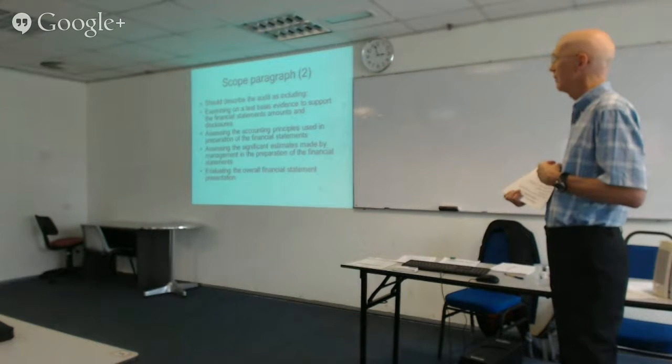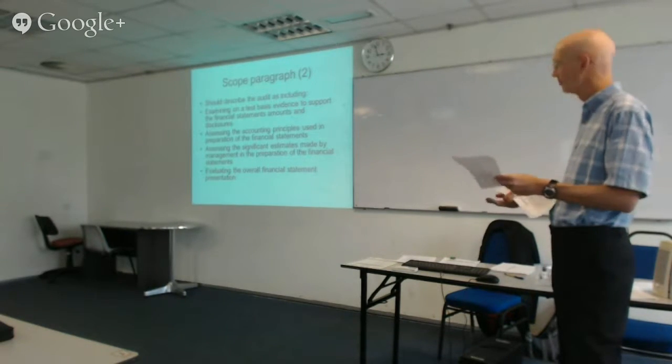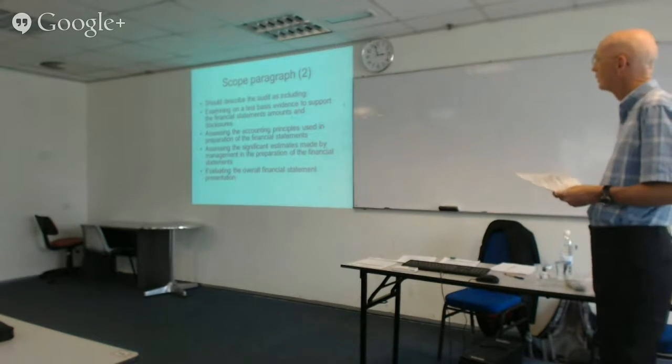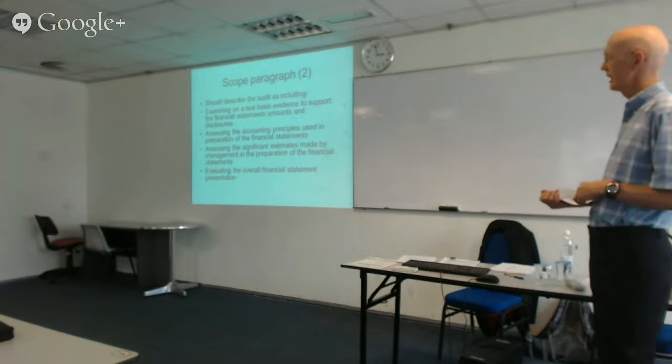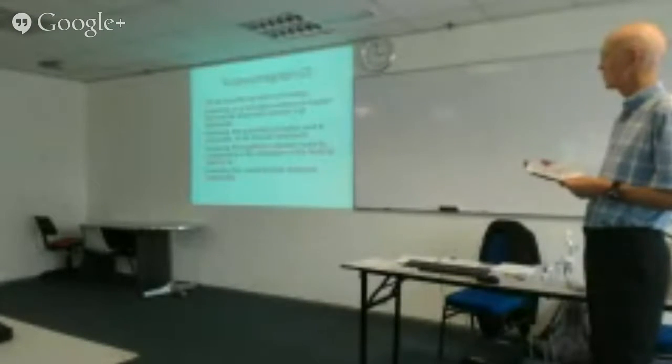Okay, and then we go on with a brief description of what audit is actually about. So what we're doing is obtaining evidence. So we've tested that. We haven't done each and everything, as we've been saying. We've ensured that the accounts are properly supported by all of the various transaction details.